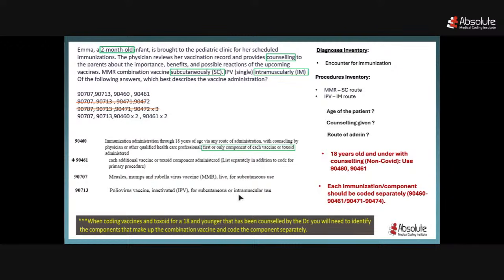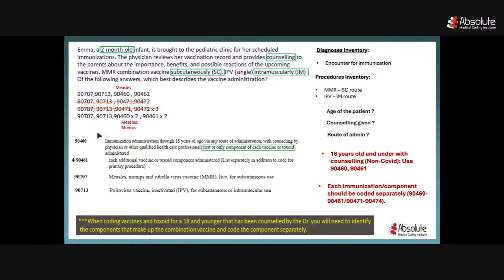So 90460 times 2, and in addition we have mumps and rubella as well. So for those two components you use 90461 times 2. Okay, so 90460, I've written it wrong.